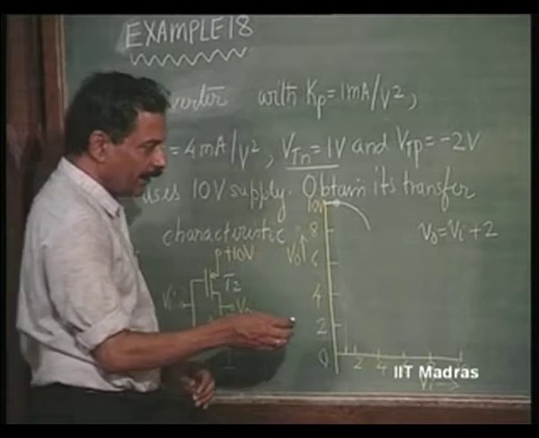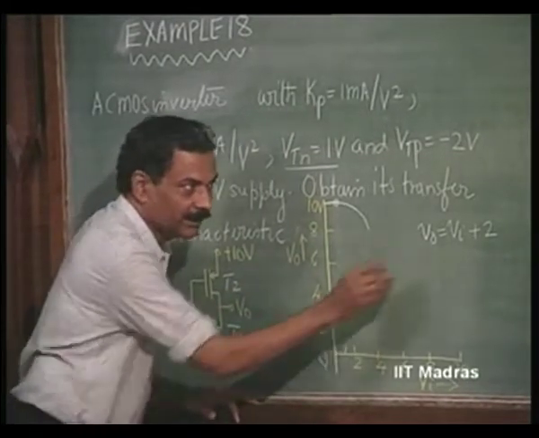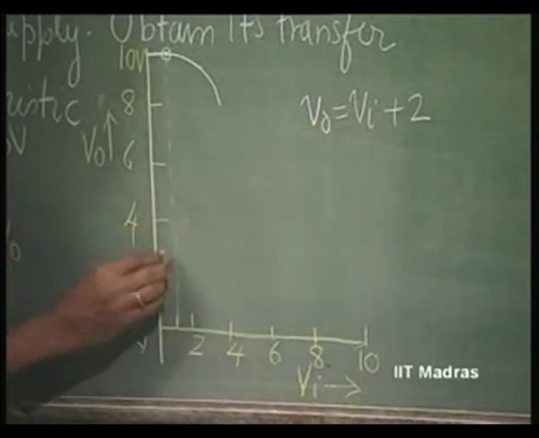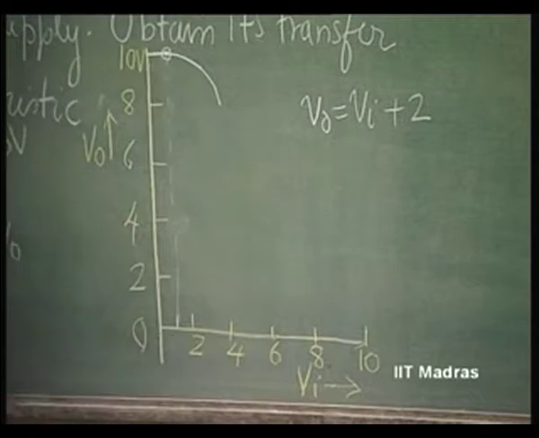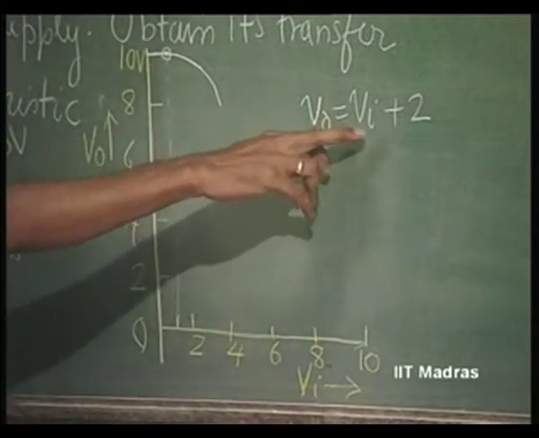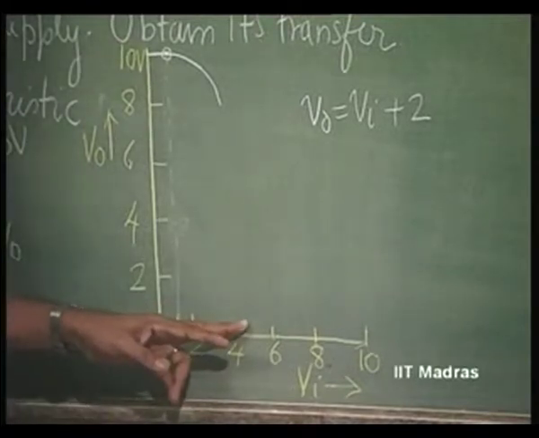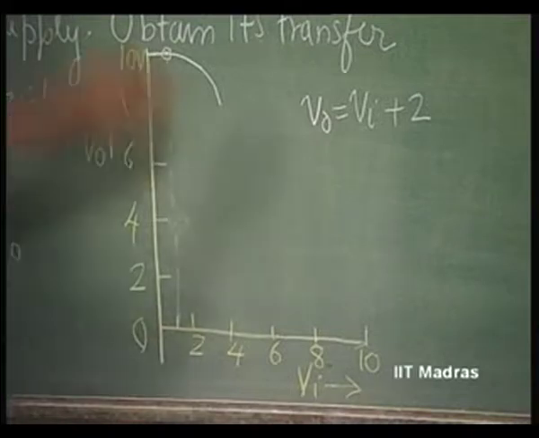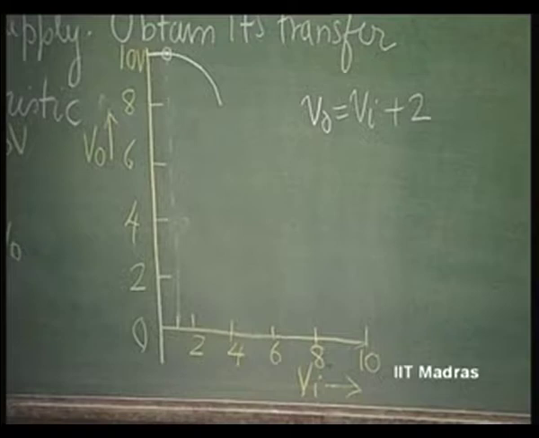So, that characteristic obviously will start with this 2, this is the intercept when Vi is equal to 0 and go with a slope of 1, and where will it intersect? That we have to find out, when this enters the current saturation region. So, we will leave it like that. We do not know where it enters the current saturation region.